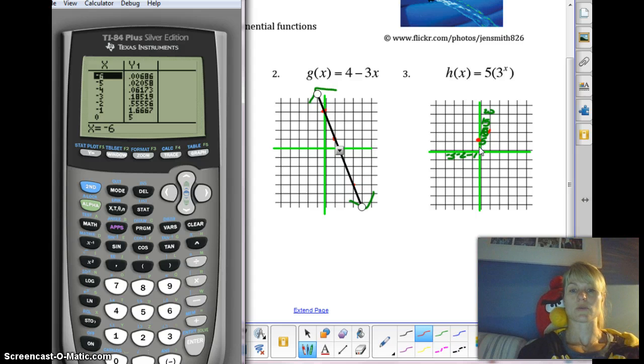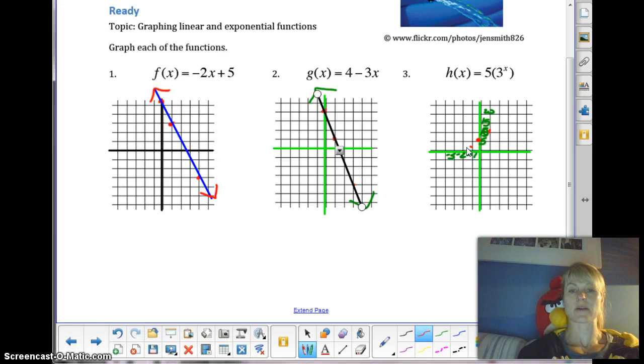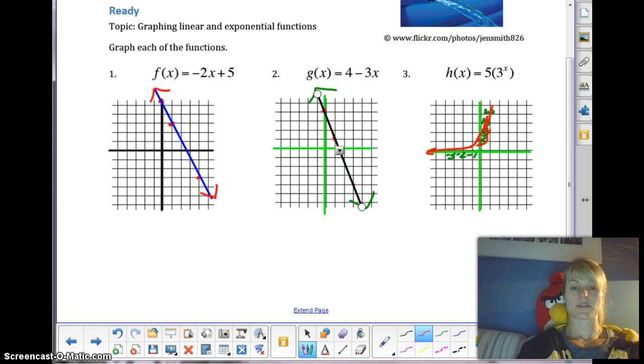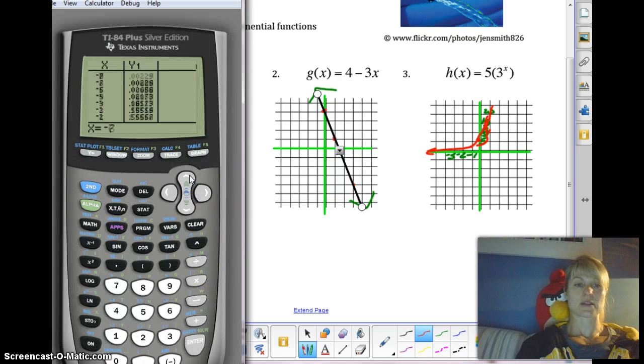Oh, here's 1. 1's way down here, right? I made that 5. So 1 would be right about there. And then remember, this exponential function, terrible line, sorry, has that asymptote. If we keep going forever, it never reaches that x-axis, it just gets closer.